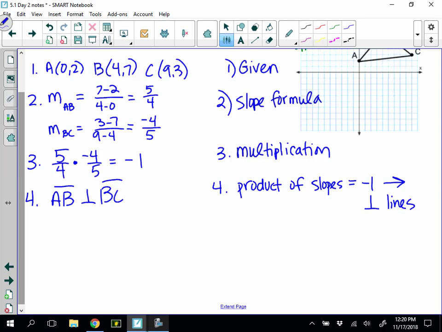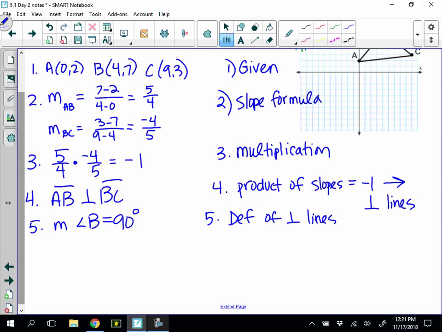Okay. So I'm almost there. I have just shown that I have perpendicular lines. So if I have perpendicular lines, I know that that makes a 90-degree angle. So I now know that the measure of angle B is 90 degrees. And I know that because I know the definition of perpendicular lines. So definition of perpendicular lines.